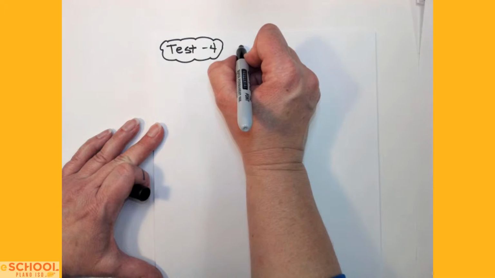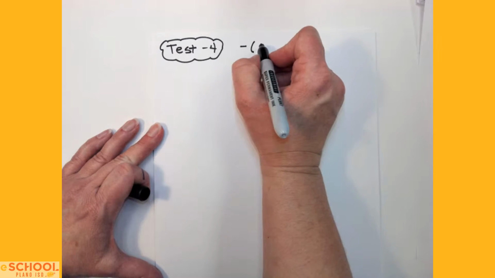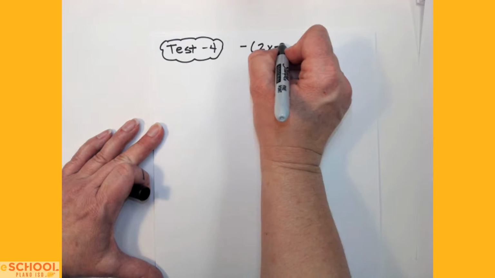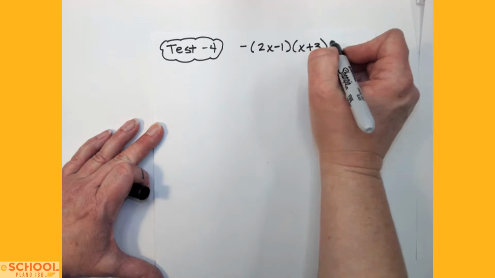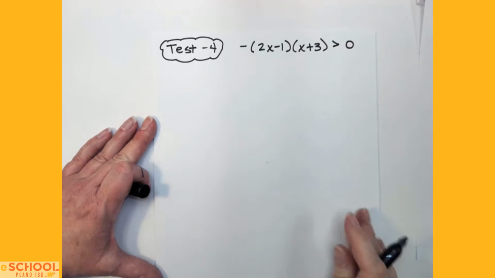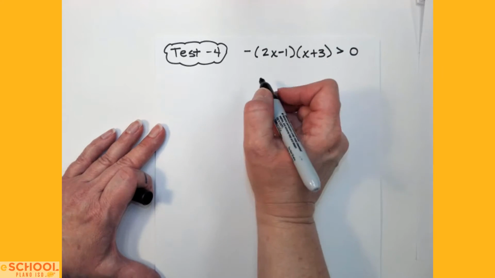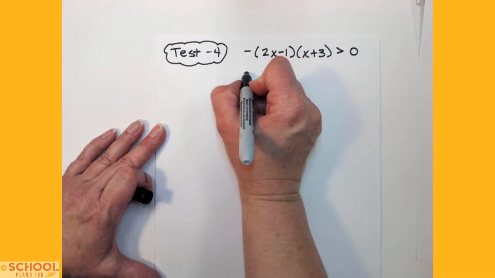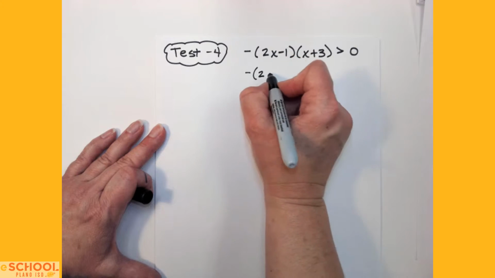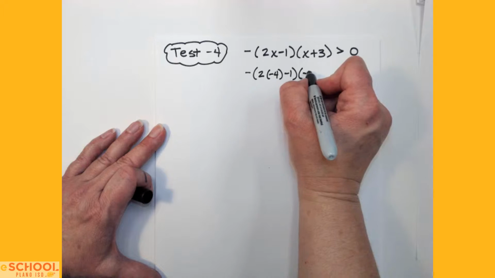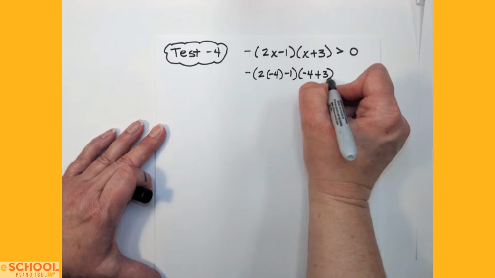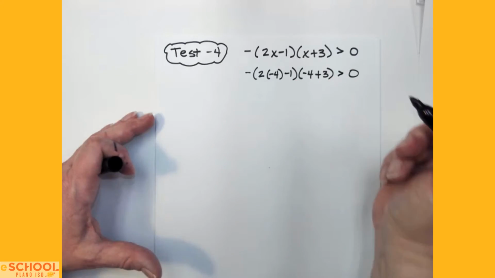So my inequality, I'm going to write it up here so we have it fresh. Negative quantity 2x minus 1, and then quantity x plus 3. And we want to find out when it's greater than 0. So if I plug in negative 4 everywhere I see x, 2 times negative 4 for the x minus 1, and then negative 4 plus 3 is greater than 0.